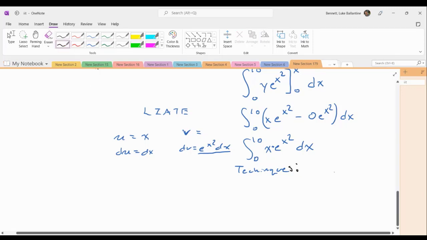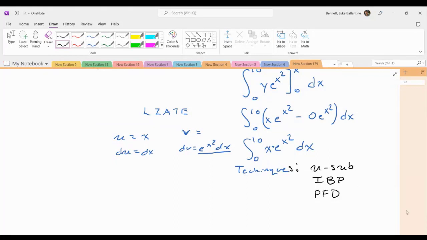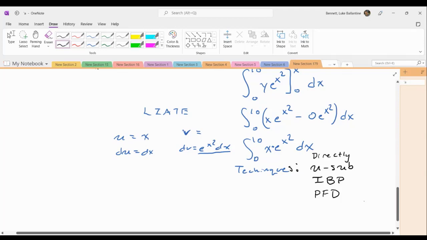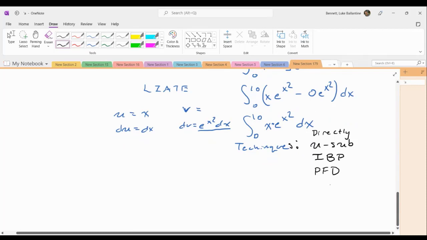We have u sub, integration by parts, partial fraction decomposition, and then of course direct integration. I think these are the only four ways we can do it in this class.